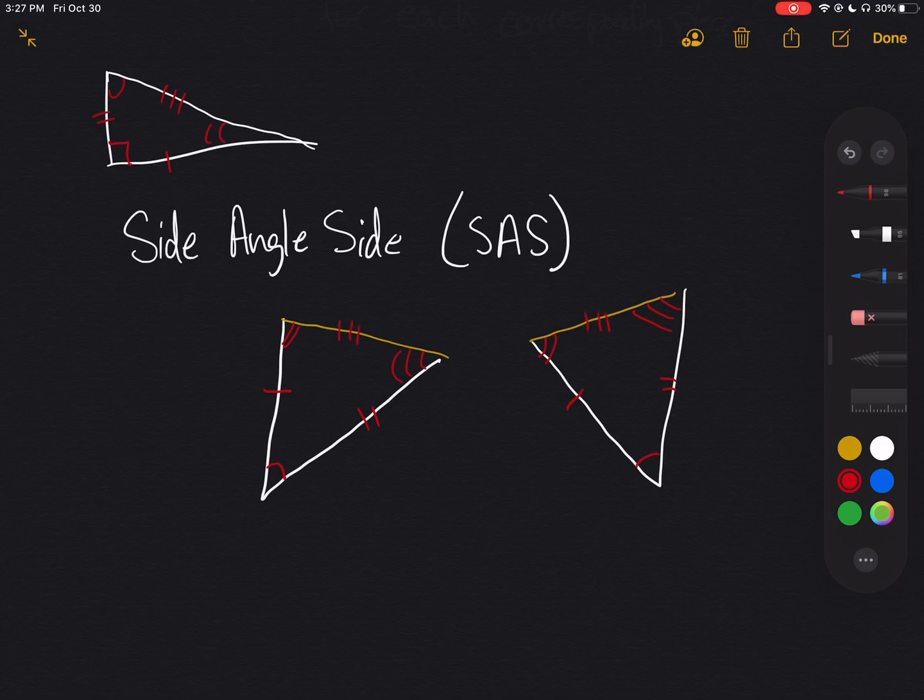Because the length between those two points is not going to change if the angle doesn't change, and these side lengths don't change.